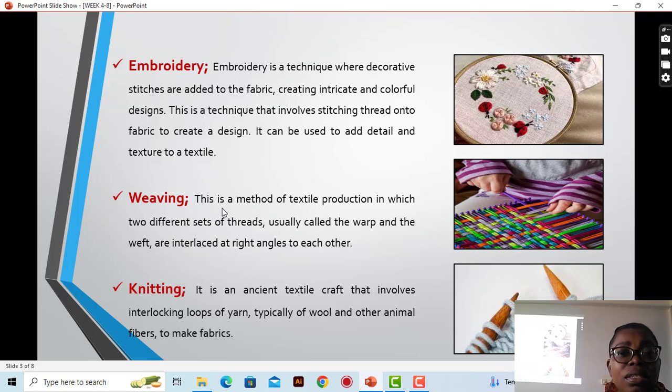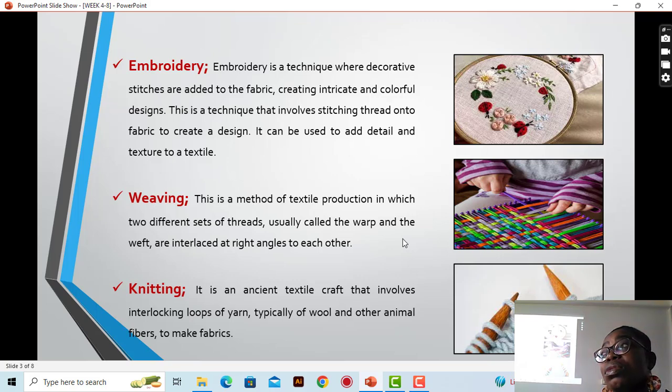Weaving. This is a method of textile production in which two different sets of thread, usually called the warp and the weft, are interlaced at right angles to each other. So we have done basics of textile. We know which one is the warp thread, which one is the weft thread. True or false?